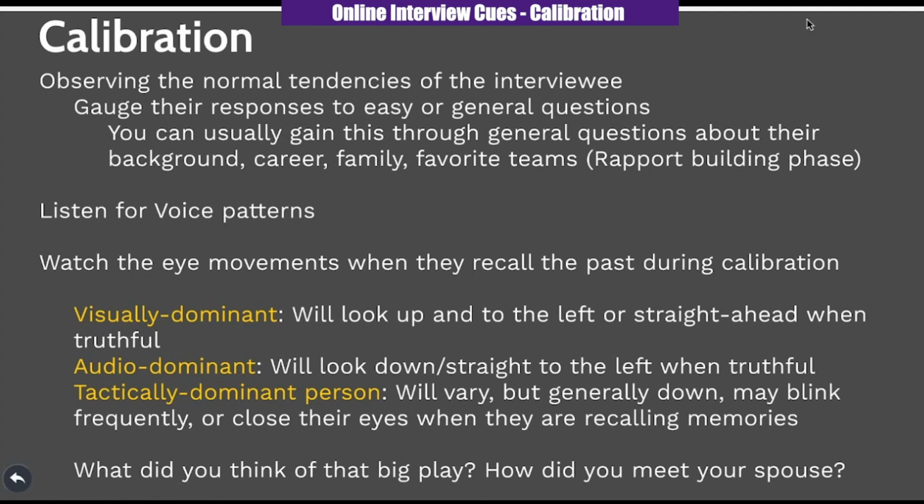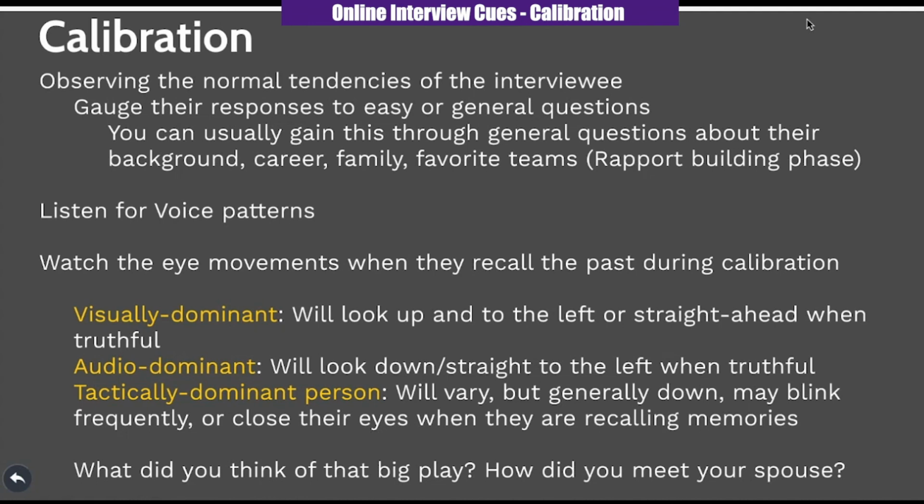So if they're visually dominant, they like to look at things, so they like pictures, they like drawings, they like to look at things, so they will look up and to the left, or look up or look straight ahead when they're being truthful. If they're audio dominant, where they really like to hear things more, and it's more of a spoken conversation, they will tend to look down or straight to the left when they're truthful.